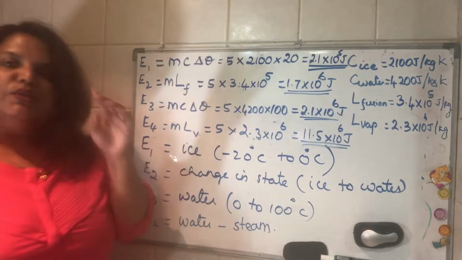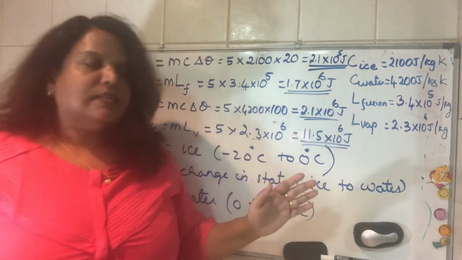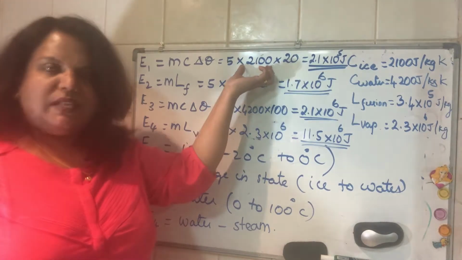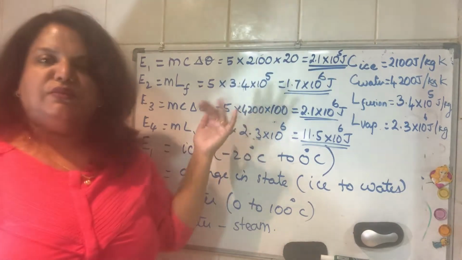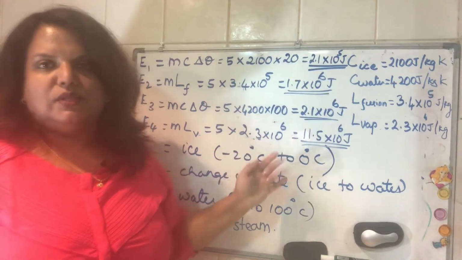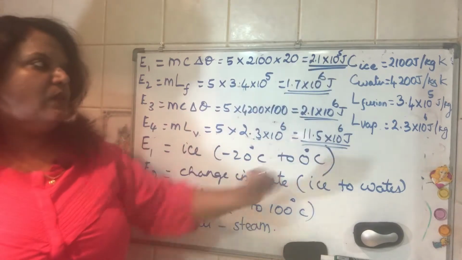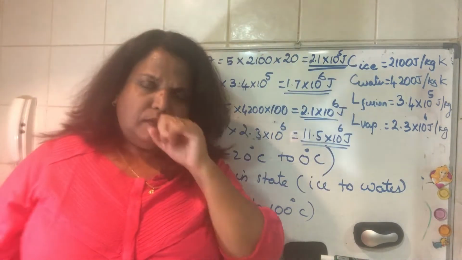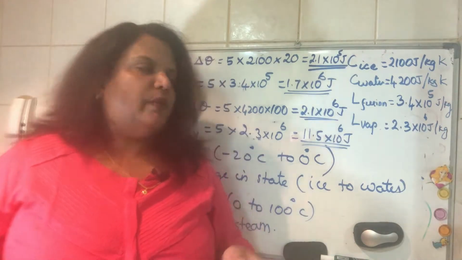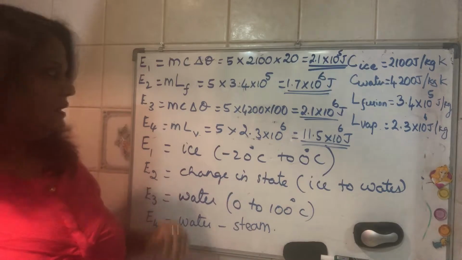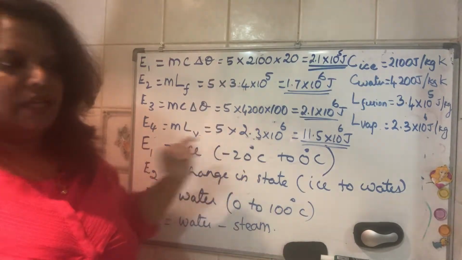So we get it? If you're using the correct formula and the correct substitution for each of them, the appropriate specific heat capacity or specific latent heat of fusion or vaporization, and the temperature differences appropriately, you're getting all this. Now, the question was the total energy required, so you'll have to add all these energies, and you get the total energy. So did you get the different stages and different calculations?